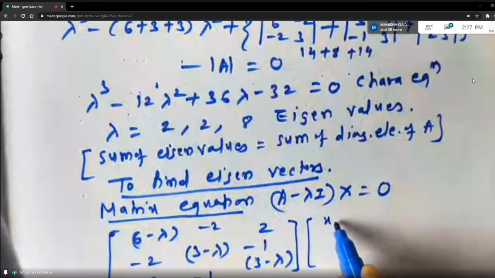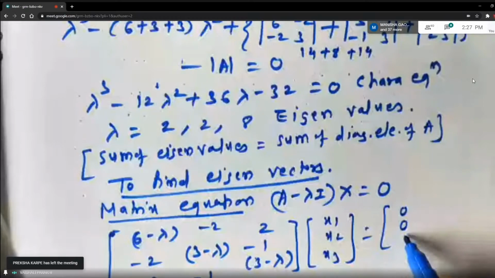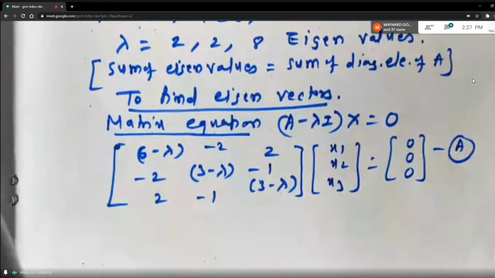And then this is x1, x2, x3 and the null matrix 0, 0, 0. And we name this equation as equation A. A minus lambda I means what do we do exactly? From the diagonal elements of matrix A, we subtract lambda, because the remaining elements are zeros. So there is no point in writing something minus 0, right?